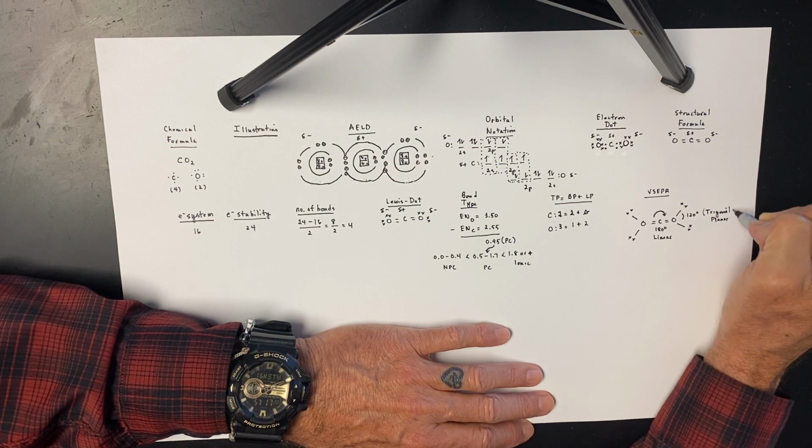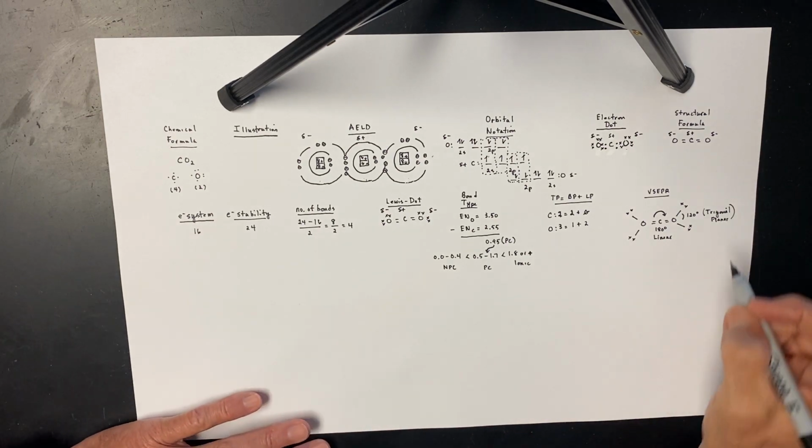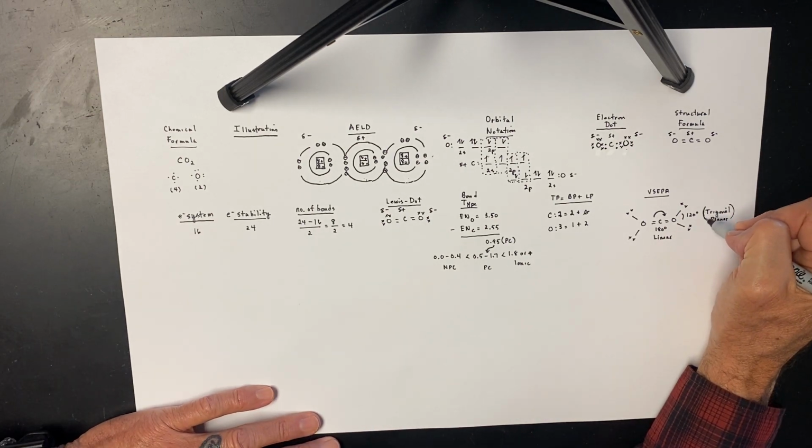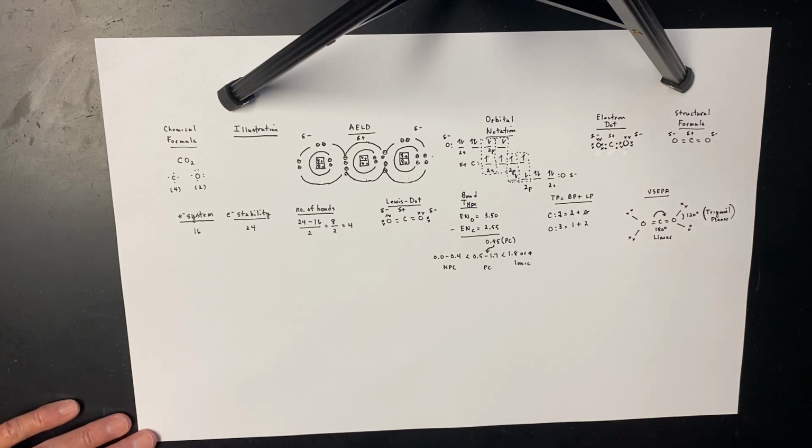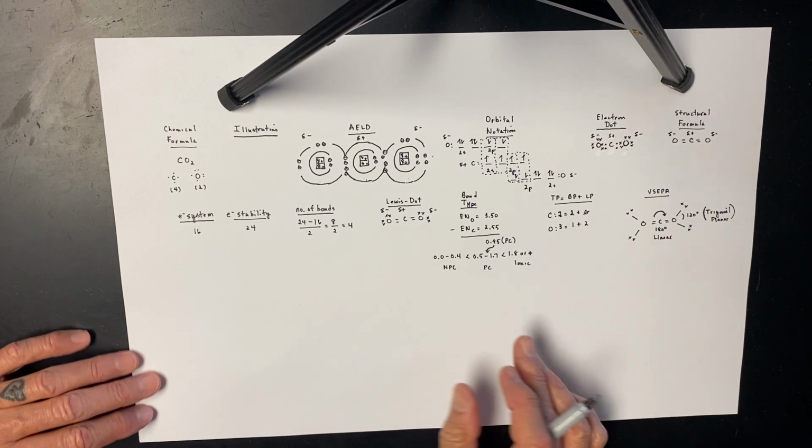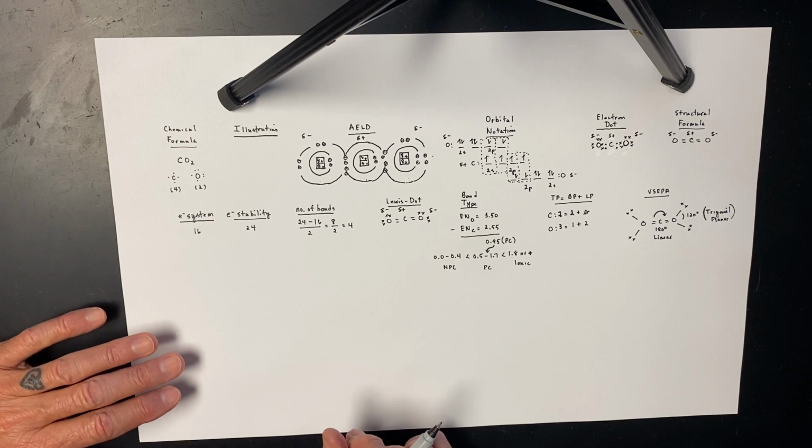But keep in mind that when we calculate or examine the overall geometry, we're not looking at lone pairs, we're only looking at bonded pairs.